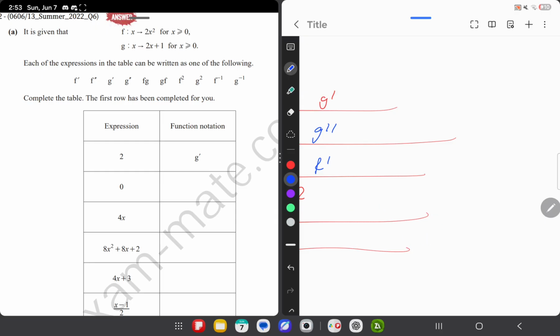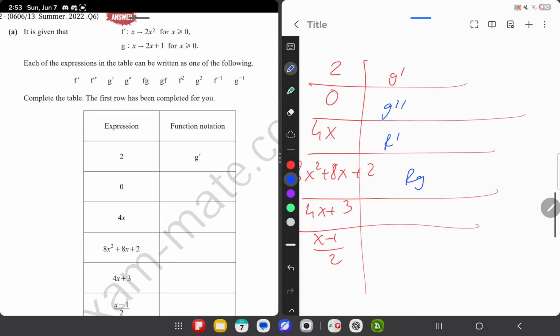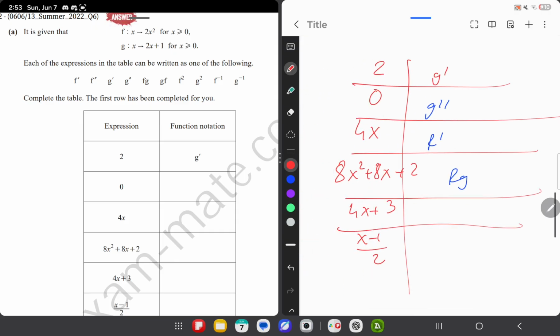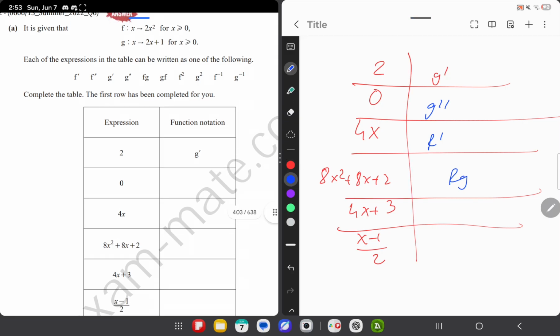Yes, so this is fg. Weird way, but some way. 8x squared plus 8x plus 2. Nice. What do we have? 4x plus 3. How on earth do you even get that?